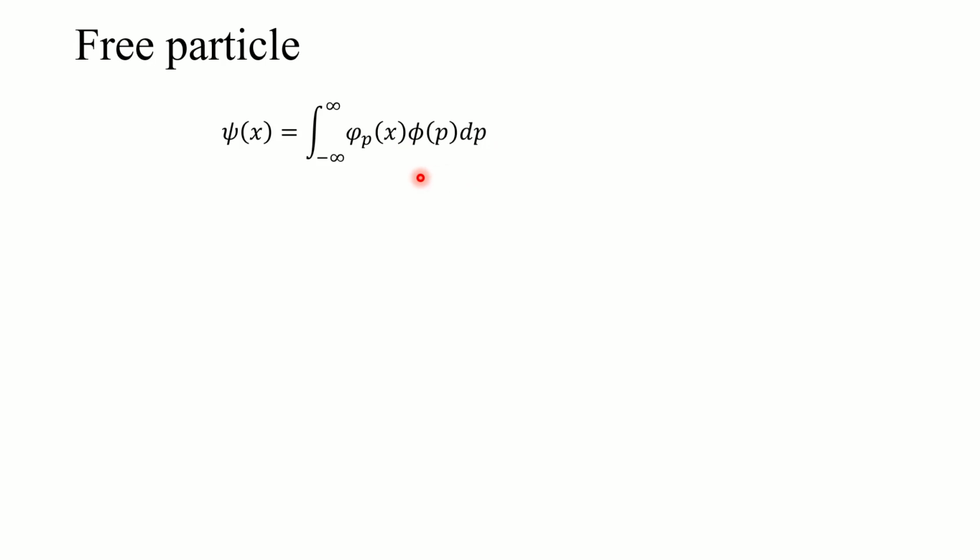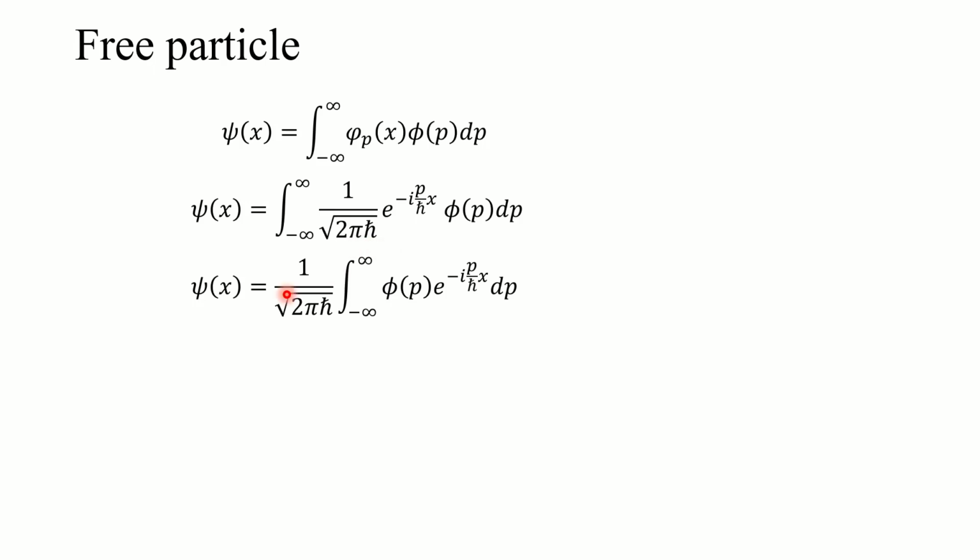And if we plug in what we have, we've just shown that we have our normalization, that our momentum eigenfunctions are written this way, right? And if we bring out that constant term, what we have is our wave function is equal to this, which may look very familiar to many of you.